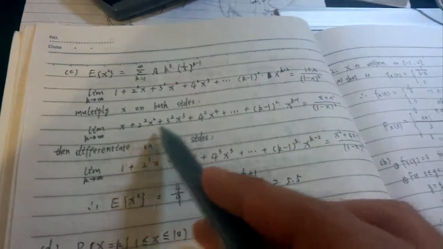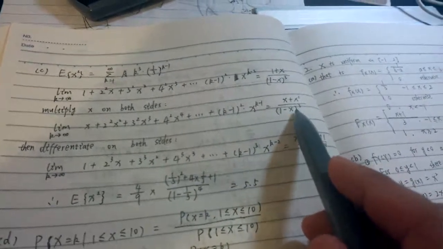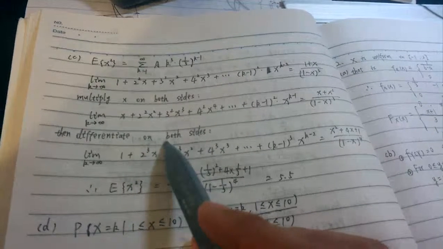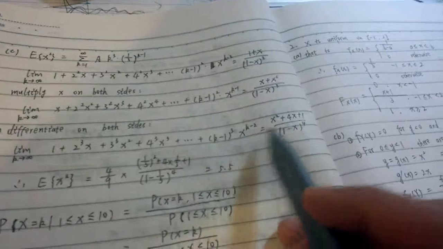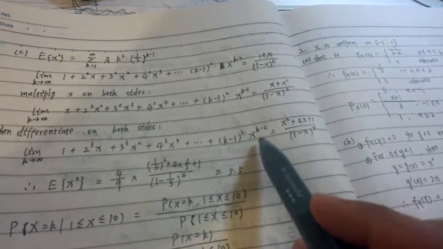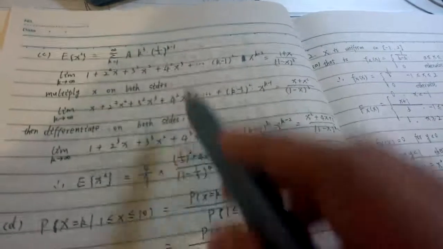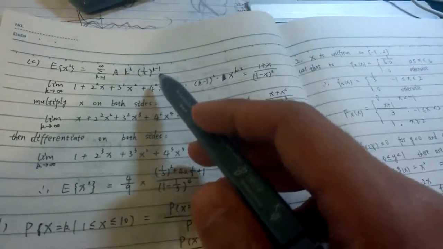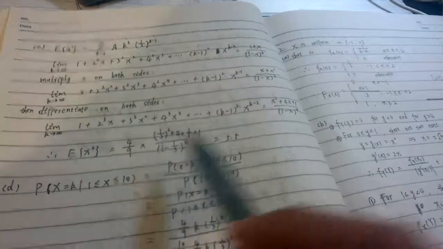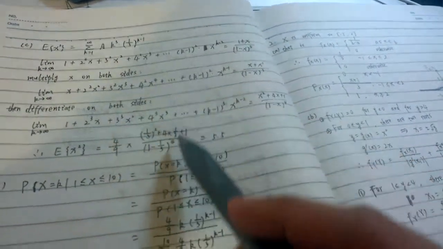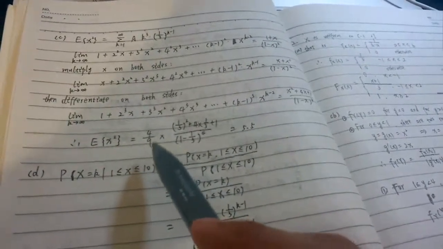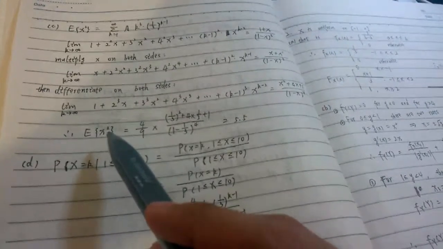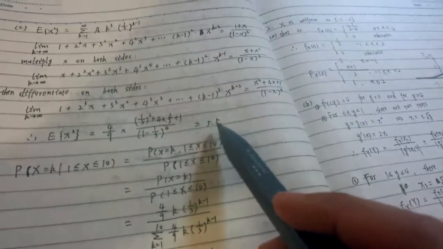We can get this equation. Then differentiate both sides again. We can get this one, and we find that this is equal to this. We want to calculate, and we take 1 over 3 into this equation, and minus a, that is 4 over 9, and we can get the mean of X squared is equal to 5.5.